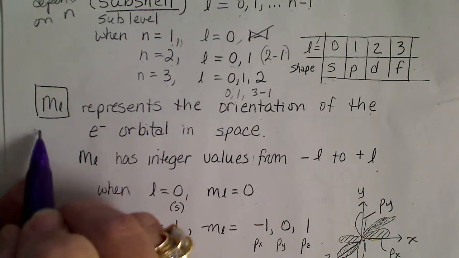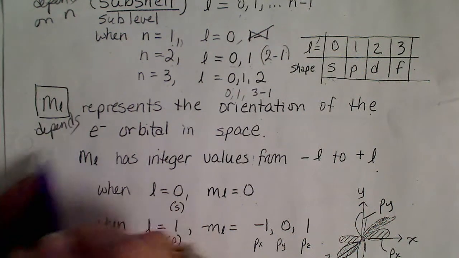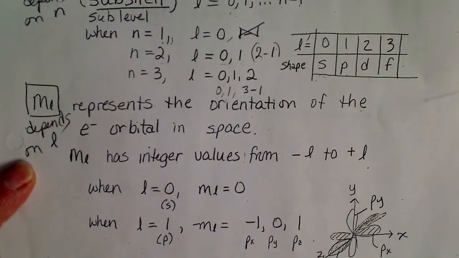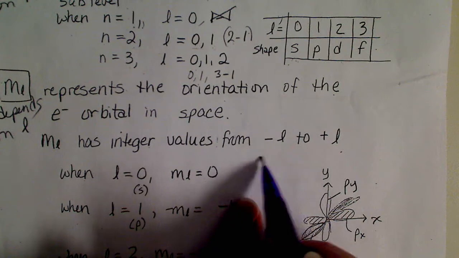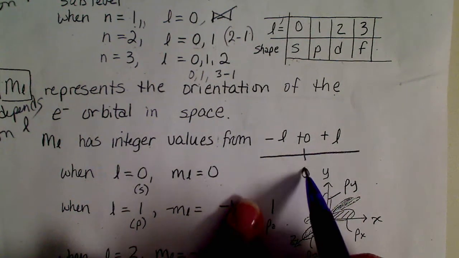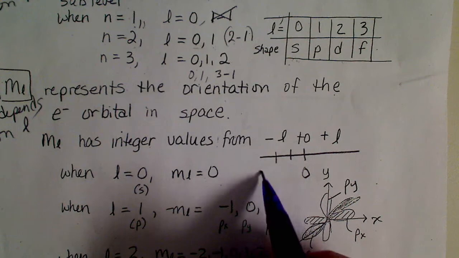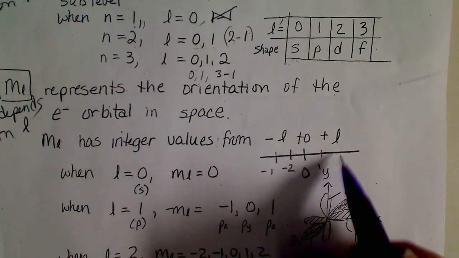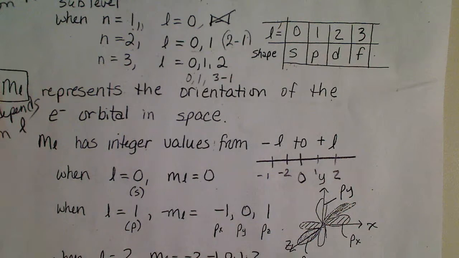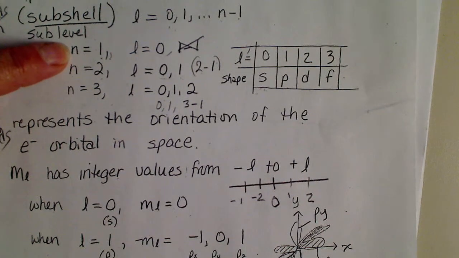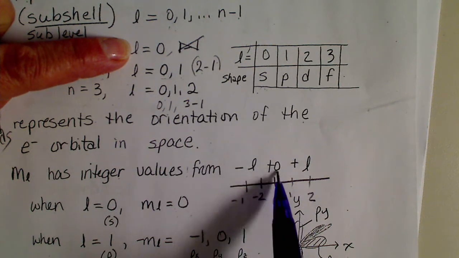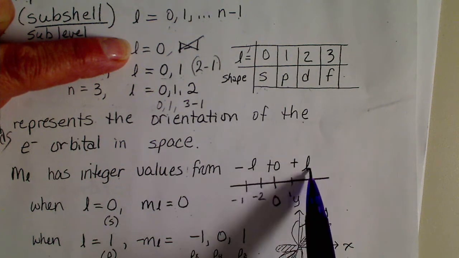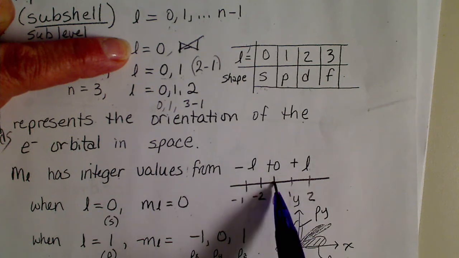And M sub L depends on L. The values for M sub L, if we think of the number line, having 0 in the middle, and then negative numbers and positive numbers, go from negative L to positive L, but there's no such thing as negative or positive 0.